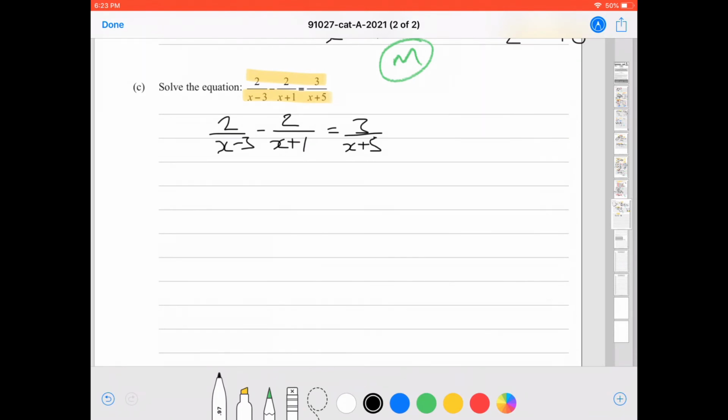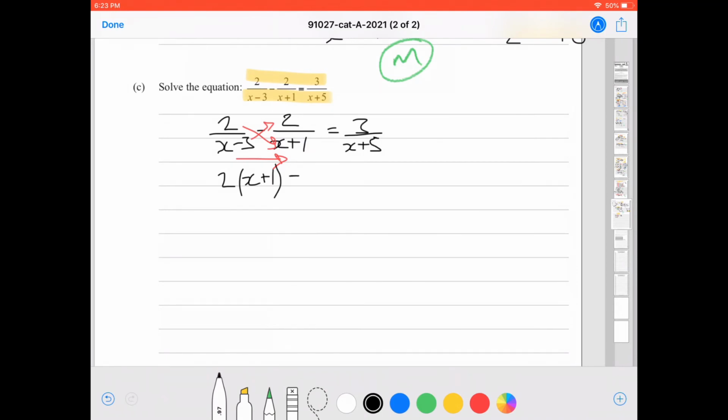And there's possibly a number of ways of solving this. Let's just work with our left-hand side, and basically we're just going to cross multiply again here. So we're going to cross multiply, and we're going to multiply our denominators as well. So we've got 2 and x plus 1.